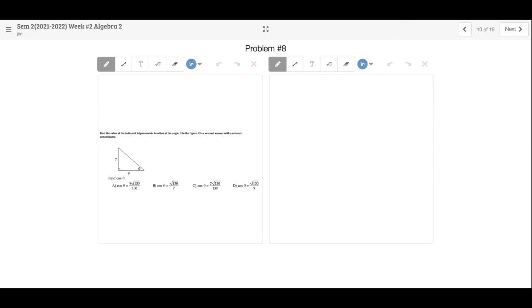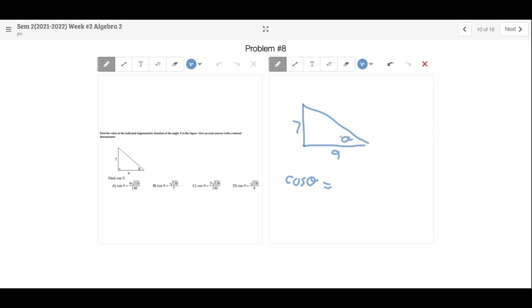You can tell what the hypotenuse is just by looking at the answers. You could probably figure out that the hypotenuse is the square root of 130, right? Okay. So in this problem, this is theta, this is 7, this is 9. It asks us to find the cosine of theta.